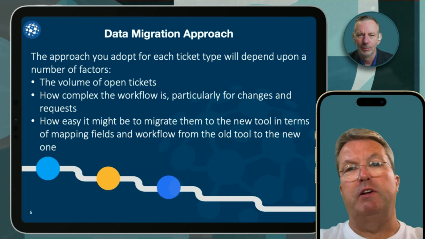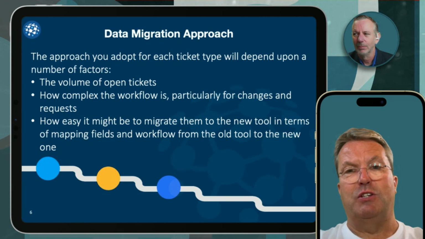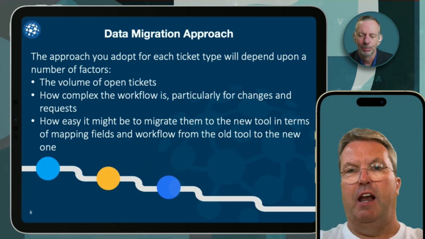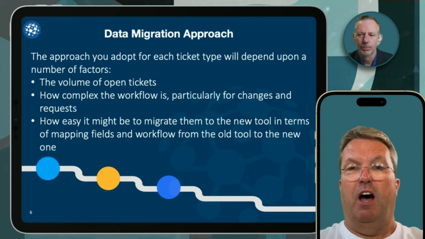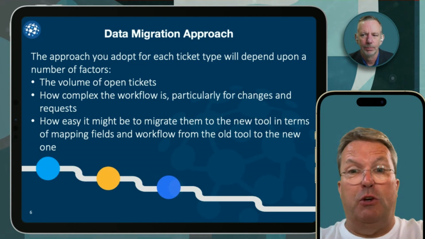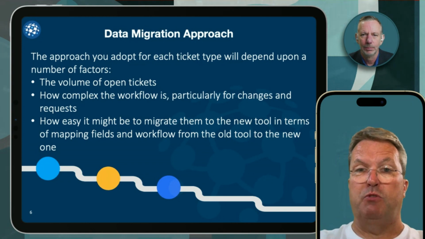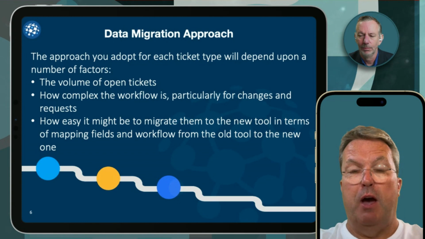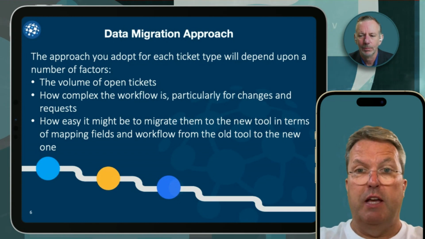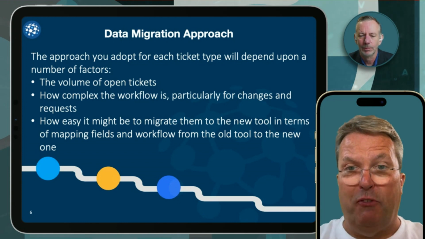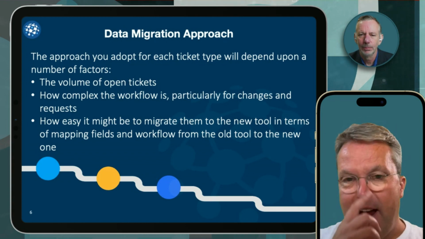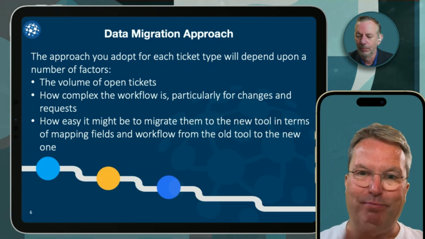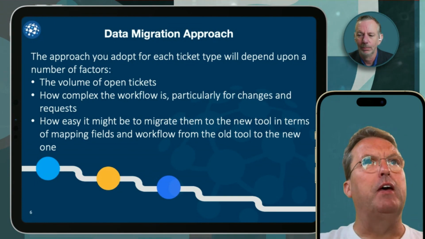And if you're introducing new AI functionality into your new tool, the last thing you want to be doing is feeding it a load of bad data that won't be worth anything to it in terms of trying to ascertain potential resolution paths for incidents, for example, because you'll be feeding it information that is inherently flawed or has indeed failed. So it's another thing to think about.